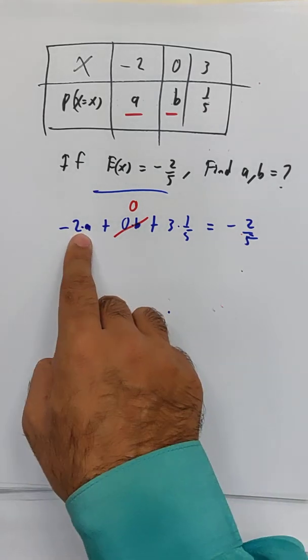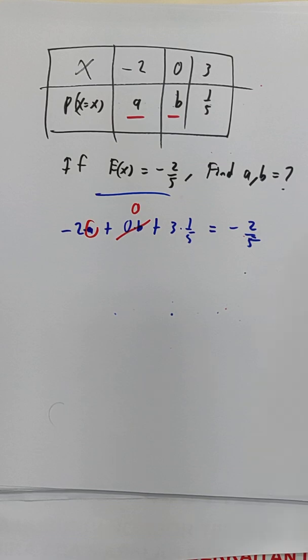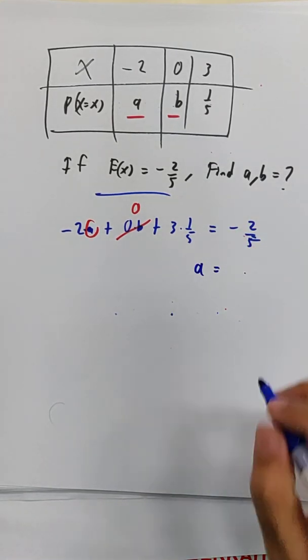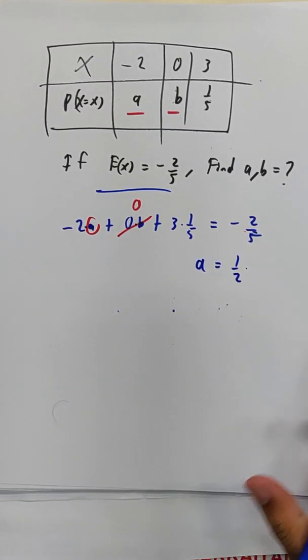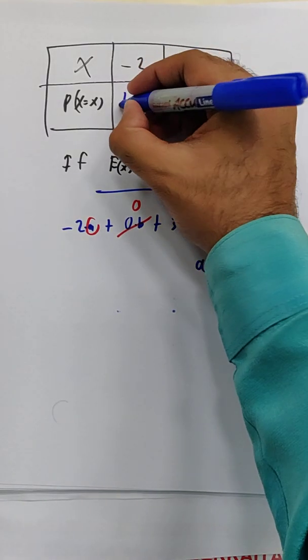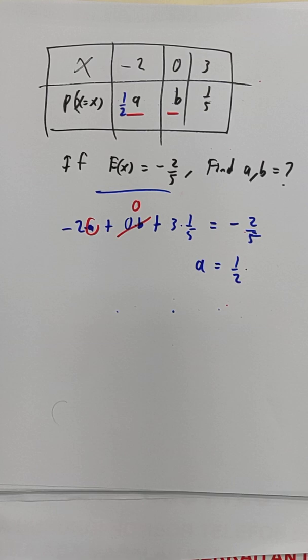So from here I got one equation, one unknown. I can solve it, so I get A equals 1/2. Alright, I got A. A is solved. How do I find B? What's the characteristic of probability?